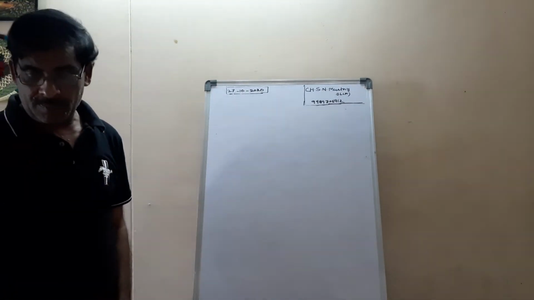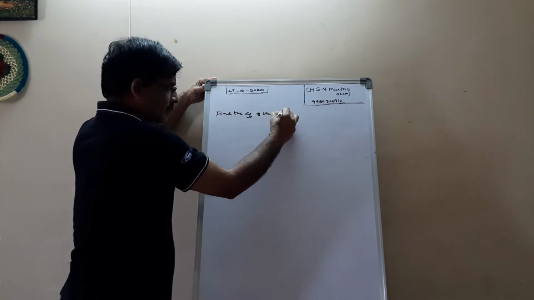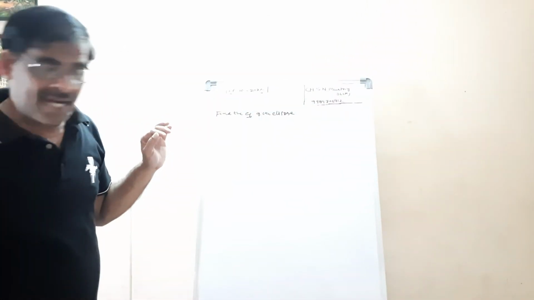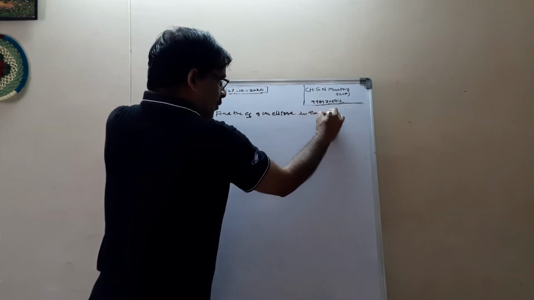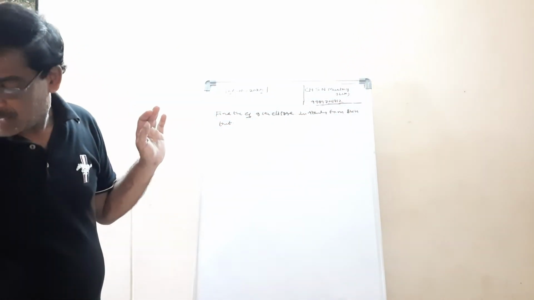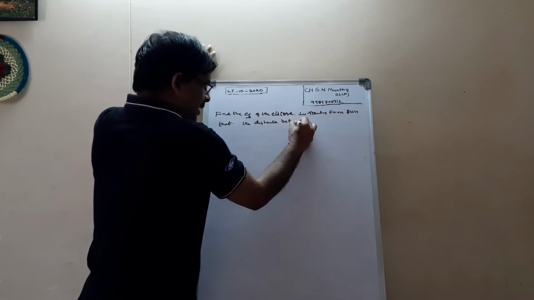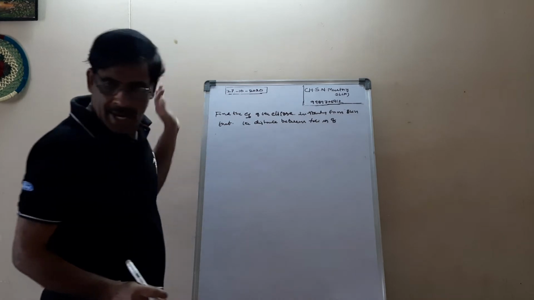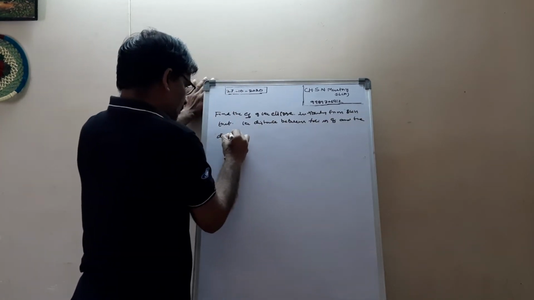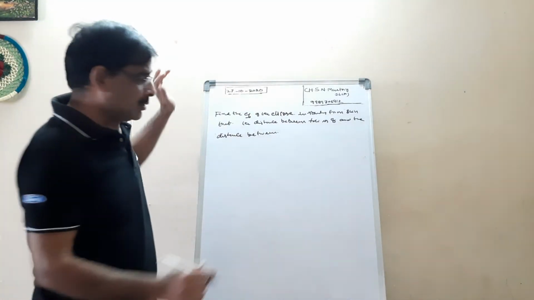See, one more problem. Find the equation of the ellipse in standard form such that the distance between foci is 8 and the distance between the directrices is 32.